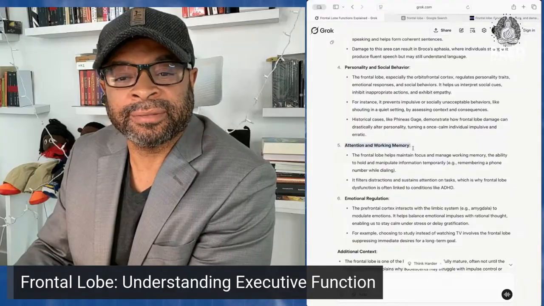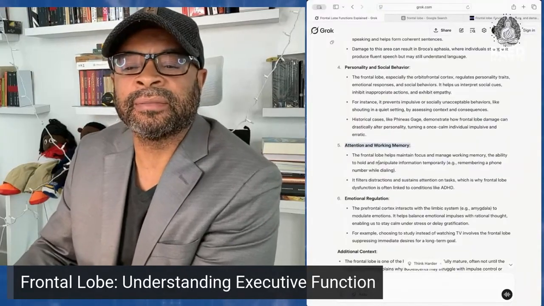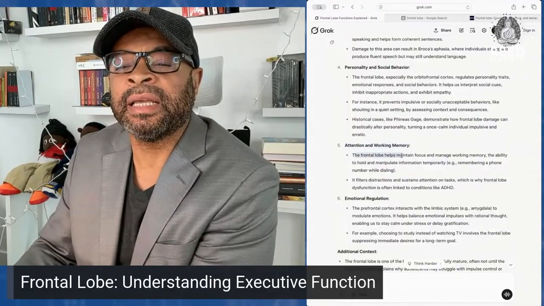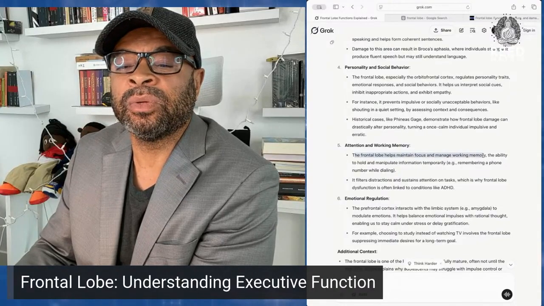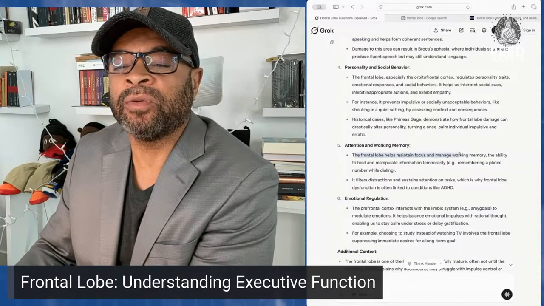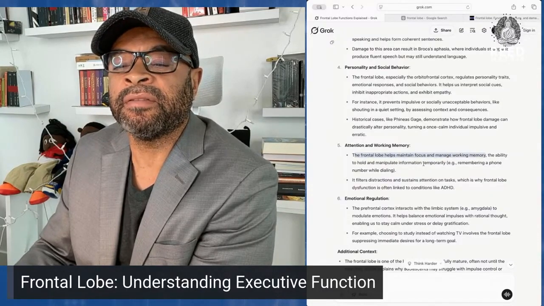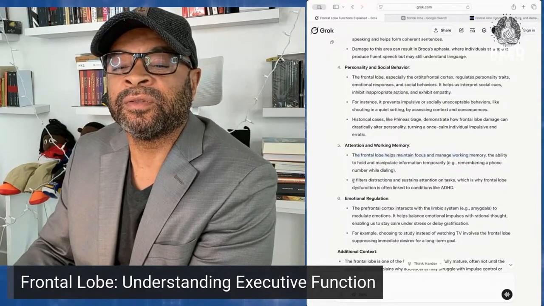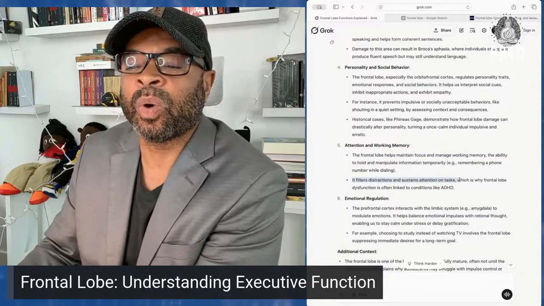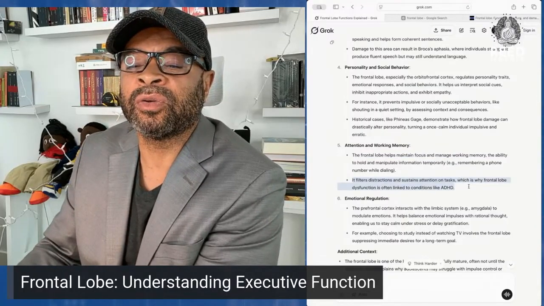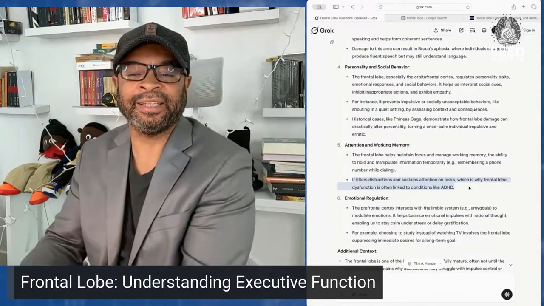Attention and working memory. Yeah, for attention deficit disorder, right? The frontal lobe helps maintain focus and manage working memory, the ability to hold and manipulate information temporarily. It filters distractions and sustains attention on task, which is why frontal lobe dysfunction is also linked to conditions such as ADHD.